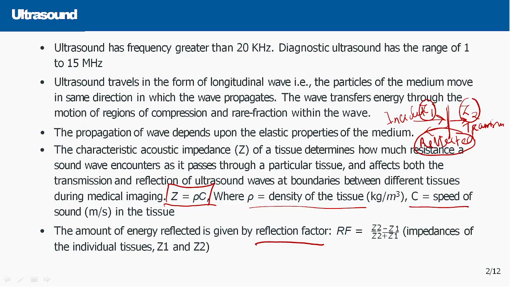It depends on the individual impedances of these two mediums. The reflection factor is equal to the impedance of the second medium minus the impedance of the first medium, divided by the impedance of the second medium plus the impedance of the first medium, the ratio of the difference and addition of these impedances.